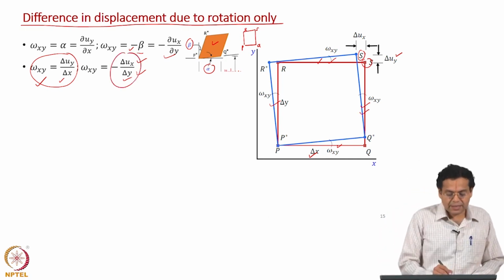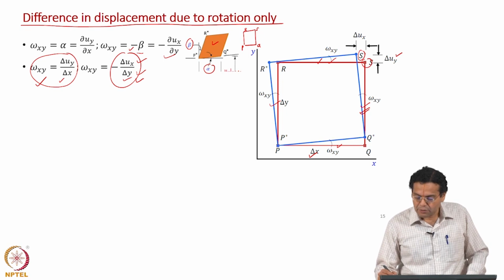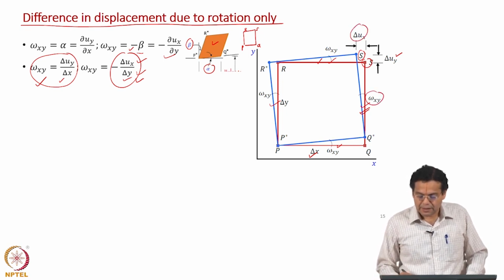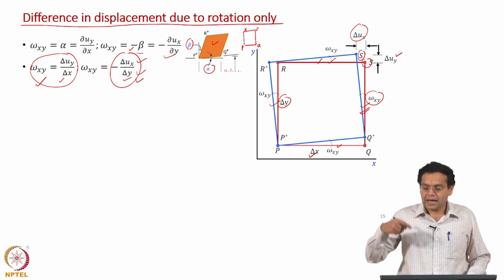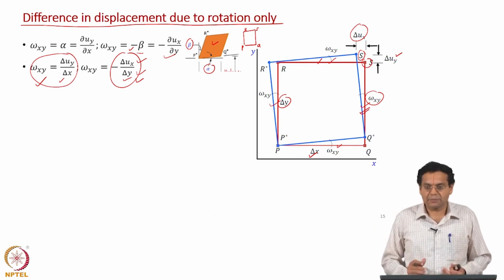Okay. And we will apply this relationship for this triangle where we relate omega xy to delta ux and delta y. Okay. Now, we have discussed the negative sign. Whenever you talk about delta y, it is higher y minus lower y, you are along the y axis. So, there is no ambiguity.